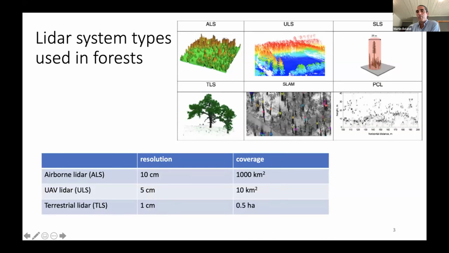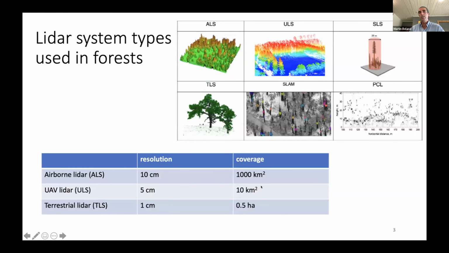The SLAM is associated with a mobile LiDAR. It's less used in general at Flux sites. And then we got the personal canopy LiDAR, which has been used in some cases, but has limited usage. So I'm going to focus on the three systems that are below here when I'm talking about the different systems. So airborne, UAV, and terrestrial.